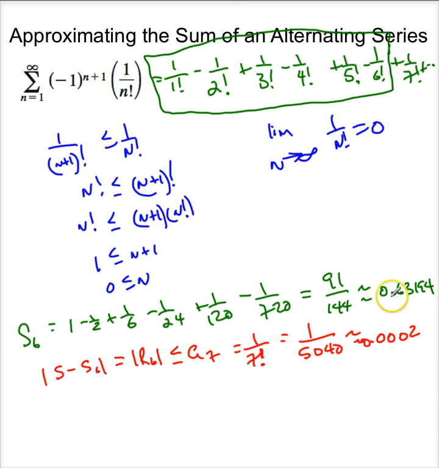So the sum is somewhere between 0.63194 plus 0.0002 and 0.63194 minus 0.0002.